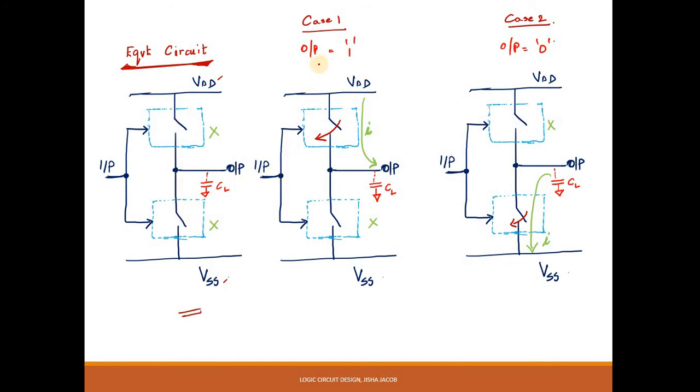What happens is, when you apply the input here, if the input is 0, then the PMOS turns on. And when the PMOS turns on, it acts like a closed switch. When it is a closed switch, current will flow through it and at the output you will get a logic 1. This is the first case.